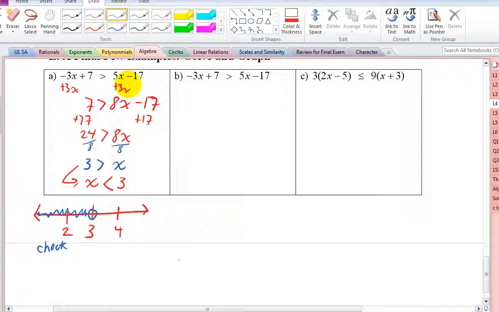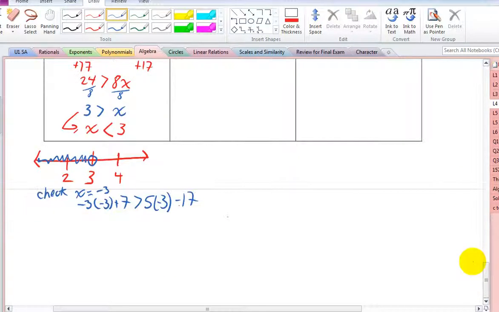So for the check, we would say x equals what? Pick something. Sean? Negative 3. So we get negative 3 times negative 3 plus 7 is greater than 5 times negative 3 minus 17. So then we get 9 plus 7 is greater than negative 15 minus 17.